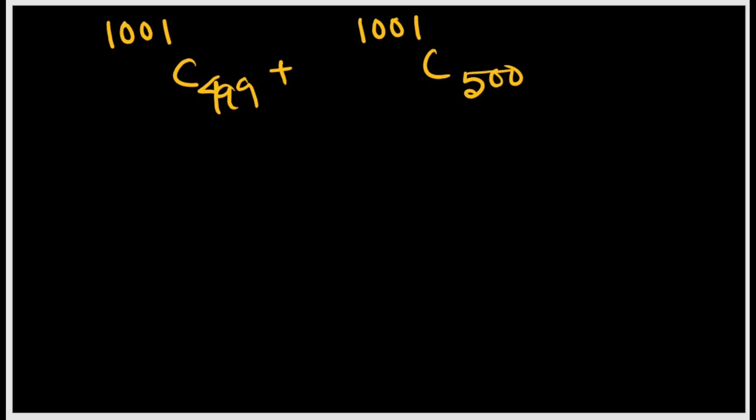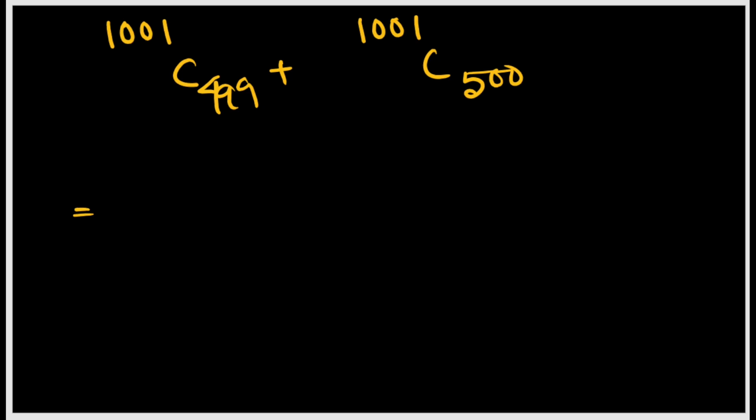Now we want to find this sum, 1001 c499 plus 1001 c500. Remember one thing, in binomial theorem, one identity is known as the Pascal identity.